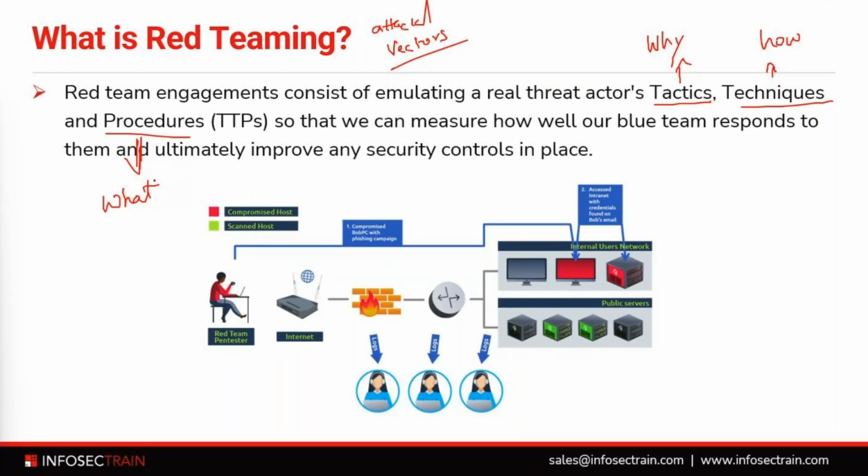Now, when we talk about red teaming, how is it different from penetration testing? Red teaming and penetration testing have some similarities. They have some differences also, but many similarities.